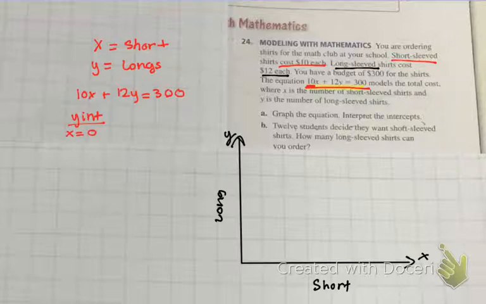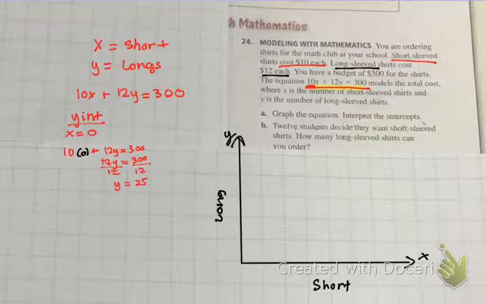Right, so I'm doing 10 times 0 plus 12y equals 300. I end up with 12y equals 300. Divide by 12, divide by 12. y is equal to 25.